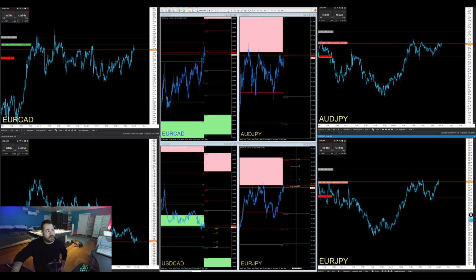All right, there's our stop. Let's get rid of this. These red alerts right here are for the central pivot. That'll let me know when to reduce risk and pull down my stop.